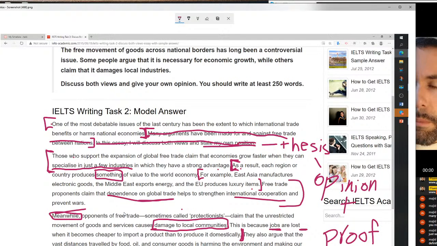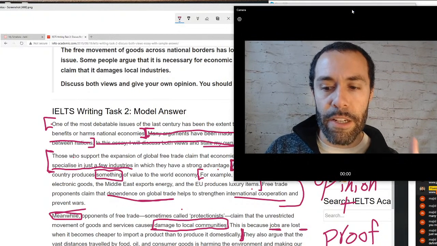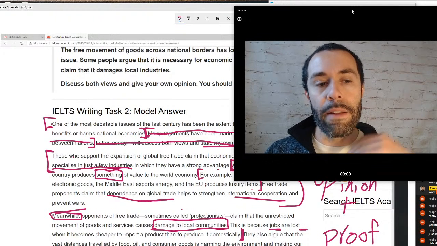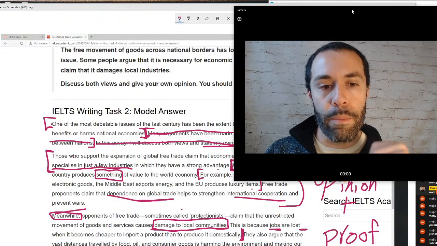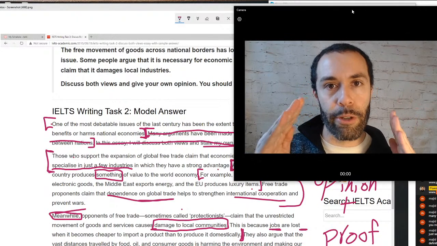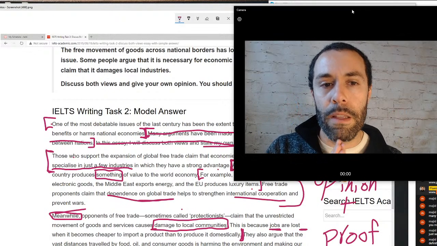Meanwhile can do that, but it can also kind of say that two things are happening at the same time, which I think is what they mean here. I think what they're saying is that at this point in time, there are people who argue this about free trade, but then there's also these people over here who argue another idea about free trade. So that's what I'm seeing with the meanwhile.